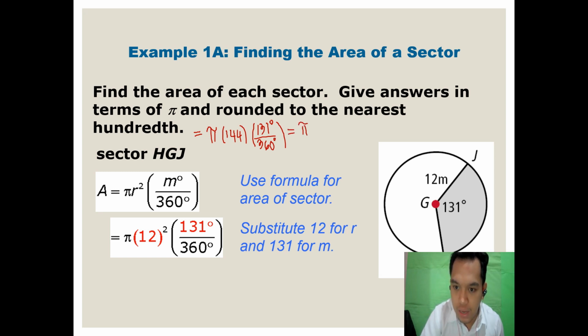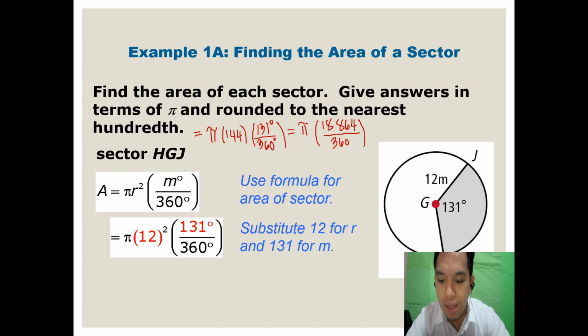So pi times 18,864 over 360. 18,864 divided by 360 is 52.4, right?